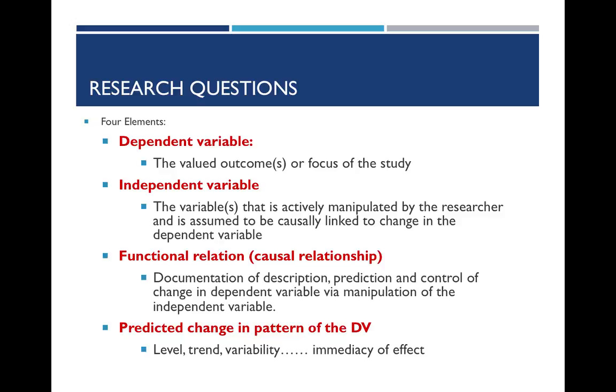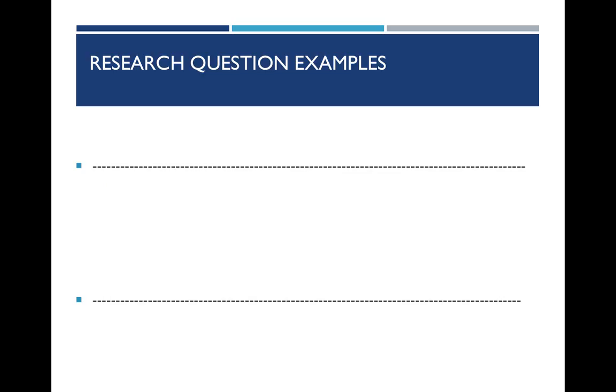So there are four key elements of an effective research question: the dependent variable, the independent variable, documentation of a functional relation, which indicates that it's an experimental design, and description of the variable and predicted direction of change in the dependent variable.